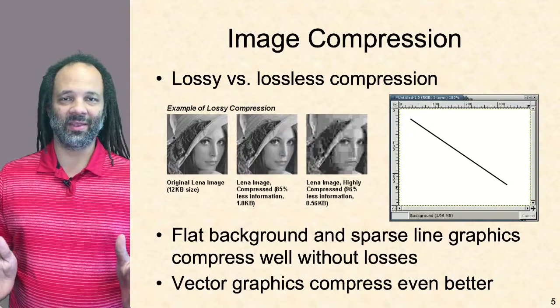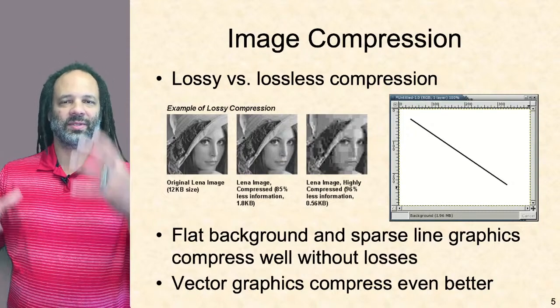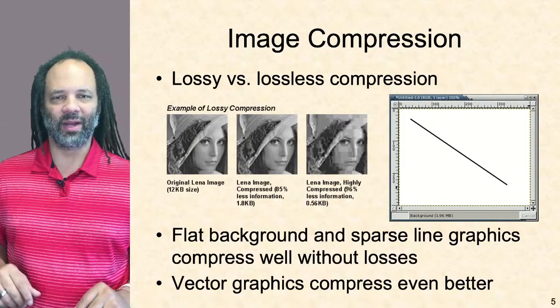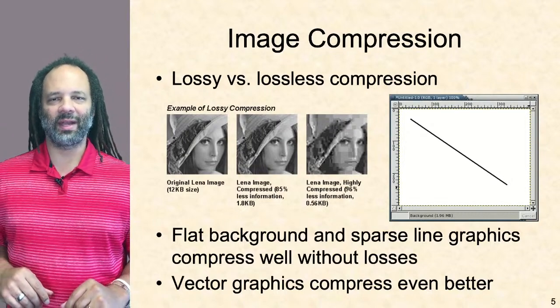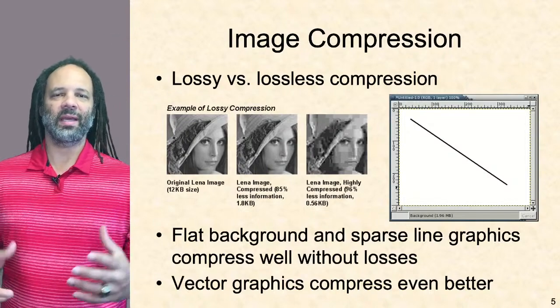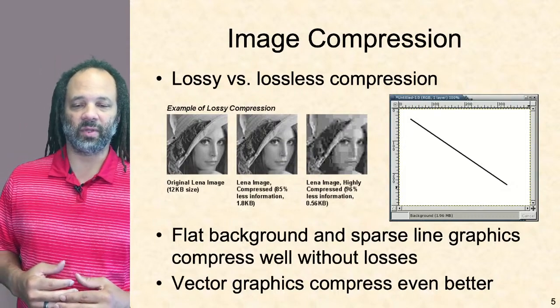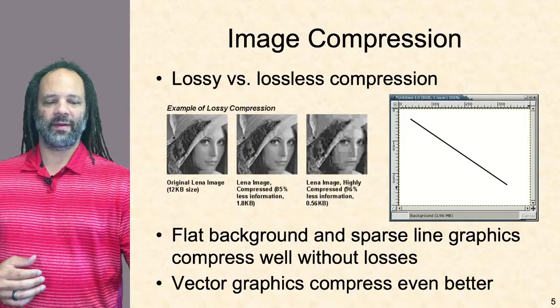It's never going to get any larger, no matter how large you print the thing. So you can get almost near infinite feeling compression, though you feel like you're rounding down. If you can take that thing and put it on the side of a building and still have the same file size because it's a vector graphic, we get a lot of good compression out of vector graphics.